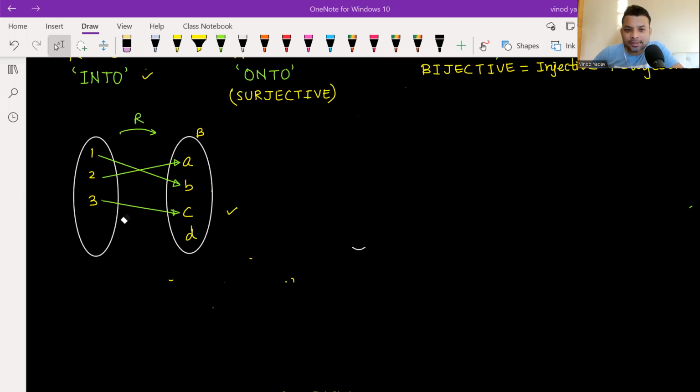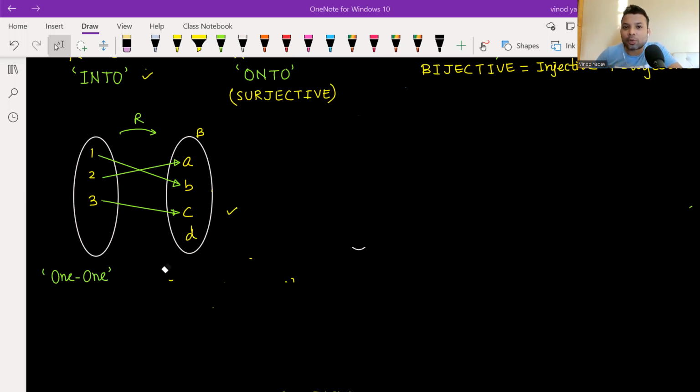See this. What are the observations? Is it one to one? Of course. Every image inside B has only one pre-image. Means every element of the codomain got connected to only one element of the domain. So one to one. Is it into or onto?